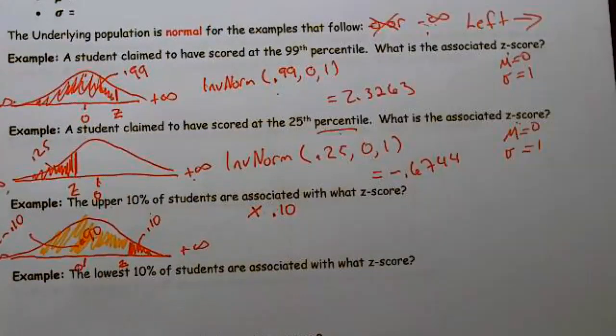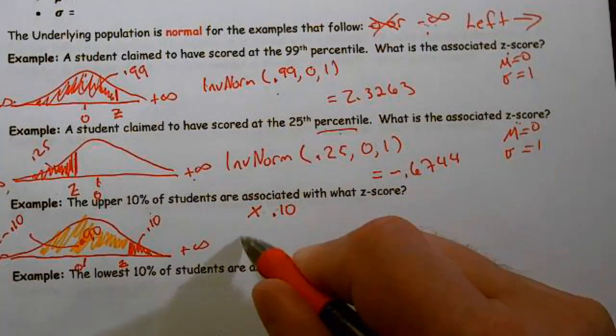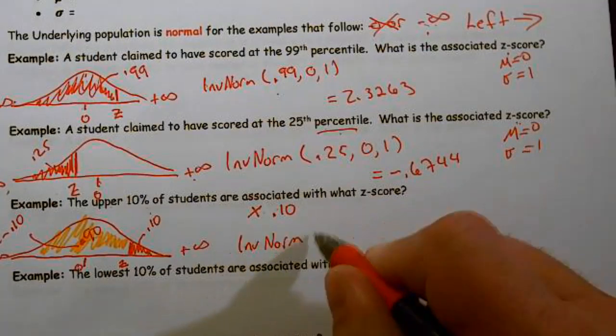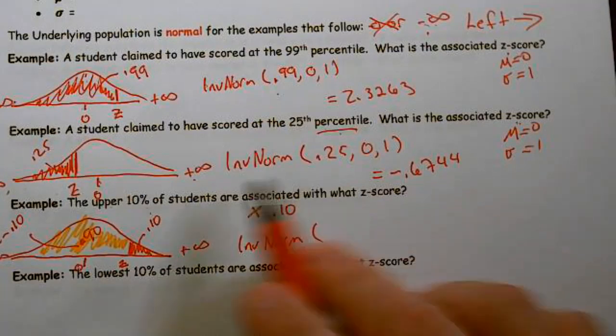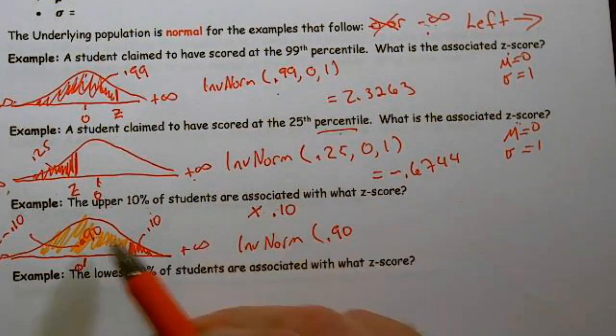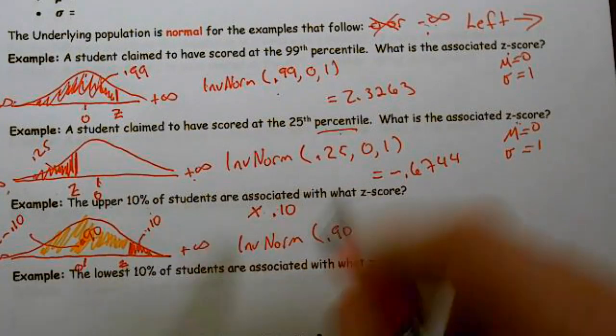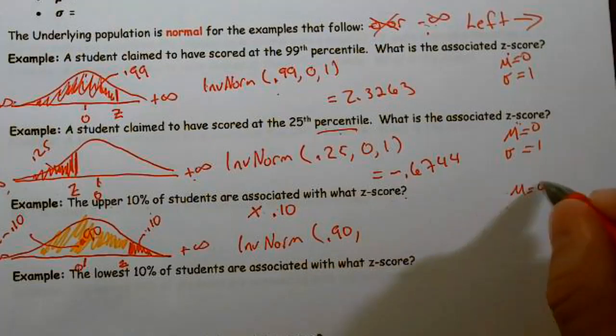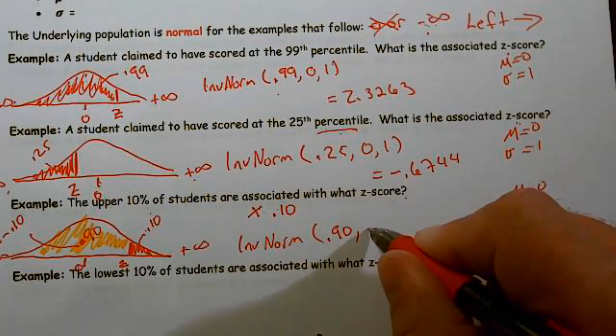So, inverse norm, my area is 0.90, or 1 minus the 0.1. It's a z-score still, so our mean is still 0, our standard deviation is still 1.